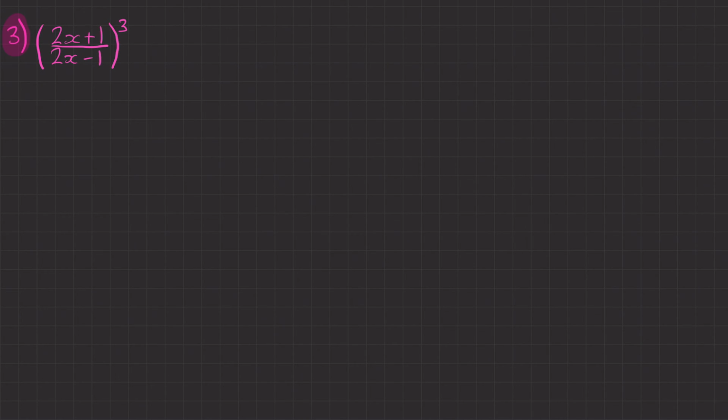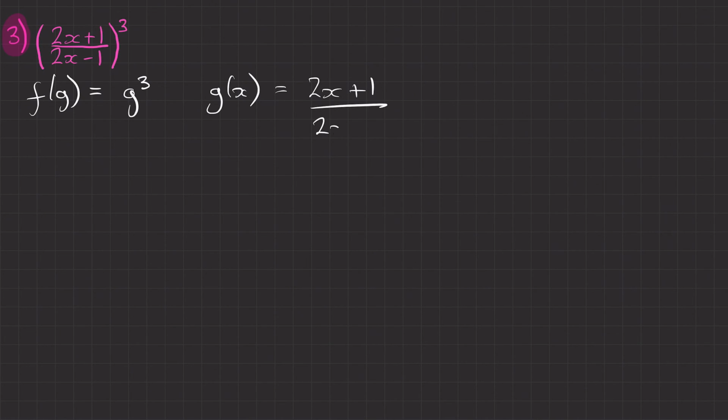So firstly, we'll want to write down our f of g and g of x. So our f of g is going to be g cubed, and g of x is going to be 2x plus 1 all over 2x minus 1. So let's differentiate f of g, so we'll have f dash g equals 3g squared. But for our g dash x, if we want to differentiate this, we're going to have to use the quotient rule, because we can't differentiate this simply.